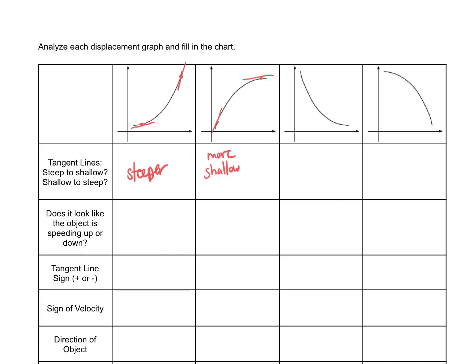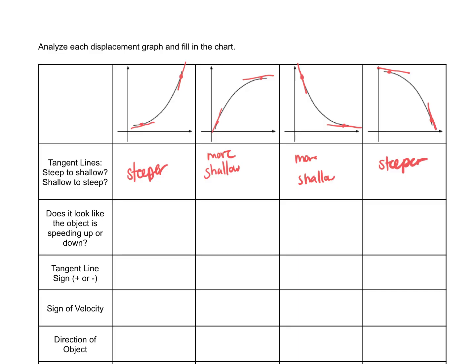More shallow. The next ones, now we're going downwards. So the tangent lines will be negative, but I can still compare steepness here. So I'm steep, and then I get more shallow. And here, I start more shallow, and I end up steeper.